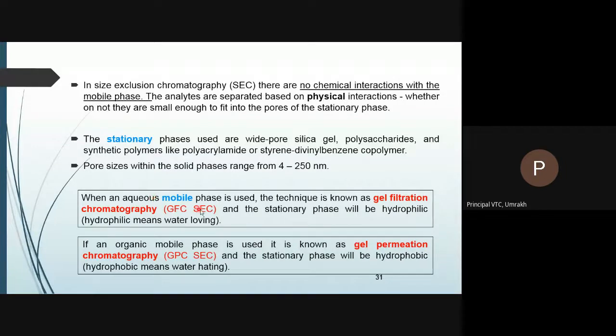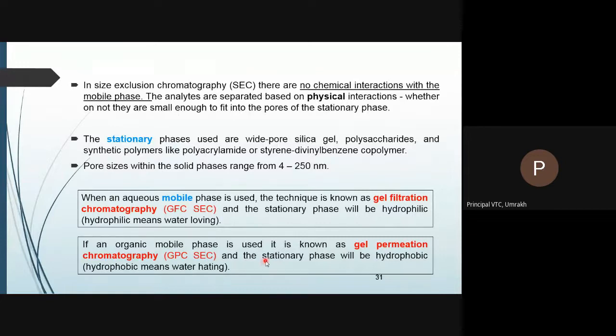So if your mobile phase is aqueous, then your stationary phase will be hydrophilic, and that kind of size exclusion chromatography will be called gel filtration chromatography. But if your mobile phase is organic, then the chromatography will be called gel permeation chromatography, and your stationary phase will be water hating, meaning hydrophobic.